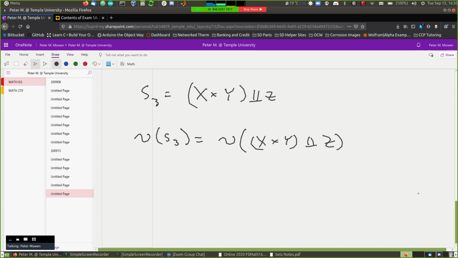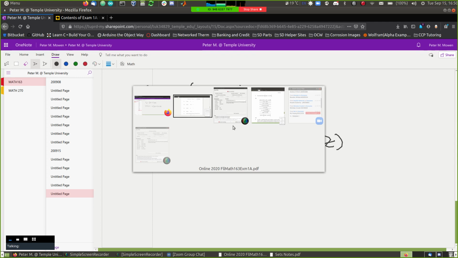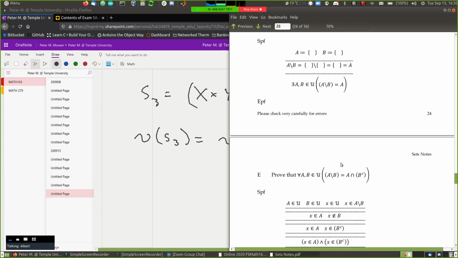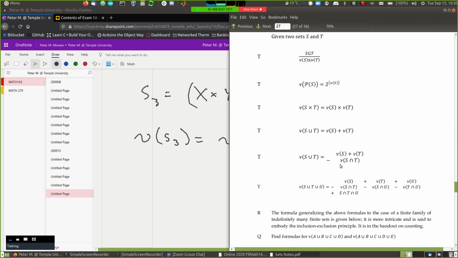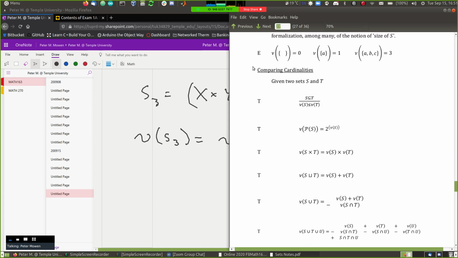That's a non-rhetorical question. Anybody have any thoughts? Well, so we go over here into our notes package, and actually it was really close to what we were just looking at. It's on page 27 of the notes packet. We've got a bunch of rules about cardinalities.